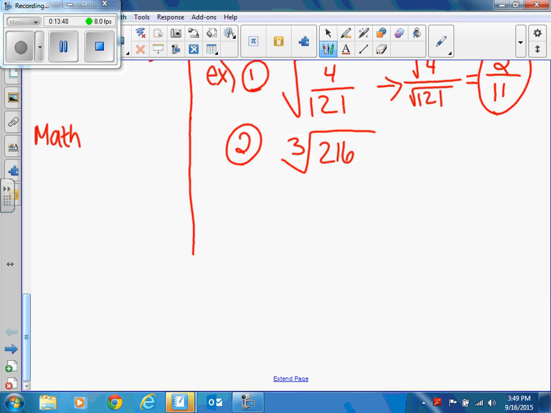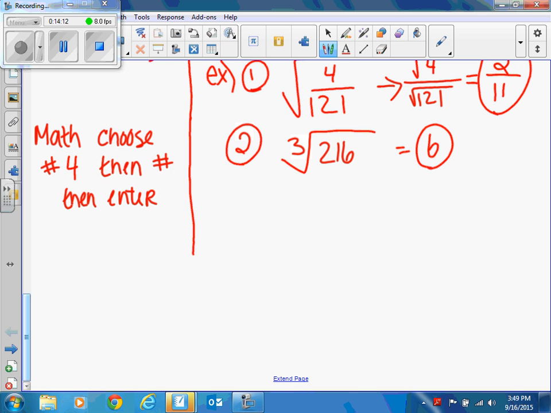So Math, and then you're going to choose number 4. Then you enter the number, in this case 216, and press enter, and it should tell you that the cube root of 216 is 6.